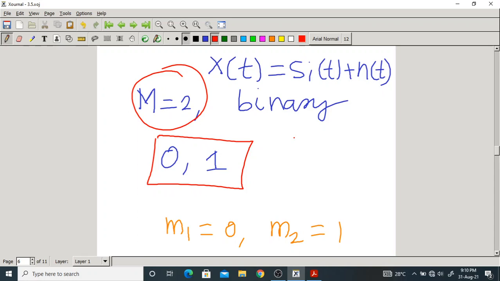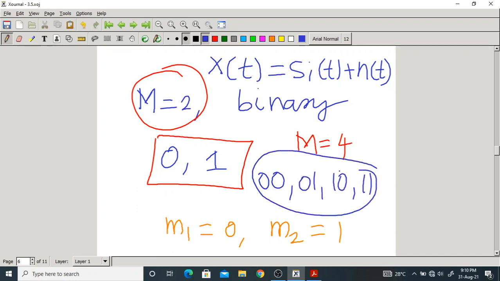If it is binary, obviously 0 and 1. If it is quaternary, if M equals 4, what are the possible codes? You know already: 00, 01, 10, 11. These are the 4 possible distinct symbols. Here each symbol has 2 bits, whereas in the binary case a symbol has only 1 bit.